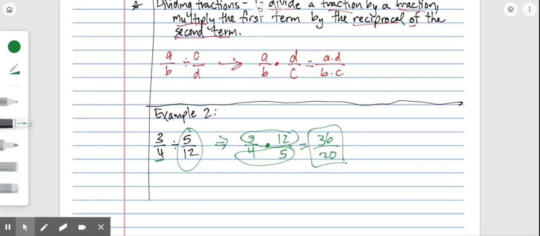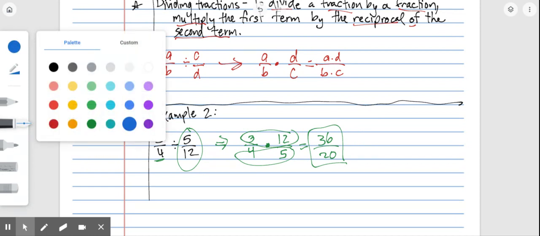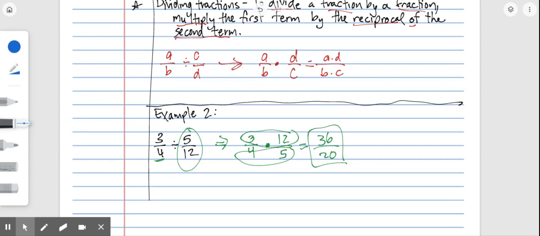Some things that I want to note is that you might have heard this abbreviation when you were in elementary school, and maybe not, but there's something called keep, change, flip. Now keep, change, flip refers to this key concept up here, where you keep the first fraction like we did here, you change the division to multiplication, and you flip or invert the second fraction.